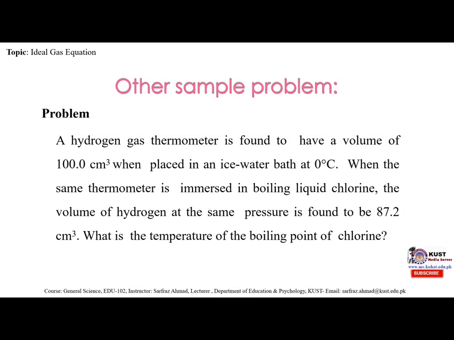Other problems may be like this: a hydrogen gas thermometer is found to have a volume of 100 centimeter cube when placed in an ice water bath at 0 degrees centigrade. When the same thermometer is immersed in boiling liquid chlorine, the volume of hydrogen at the same pressure is found to be 87.2 centimeter cube. What is the temperature of the boiling point of chlorine?